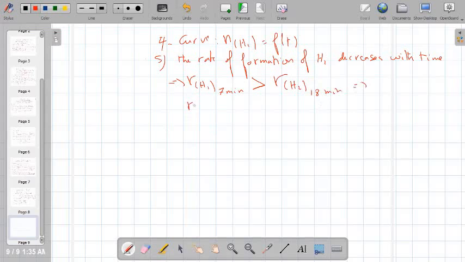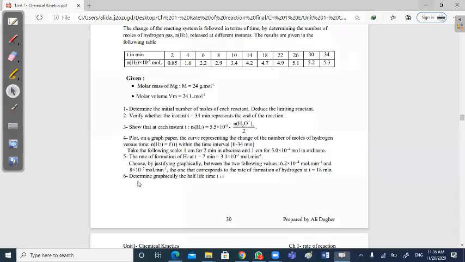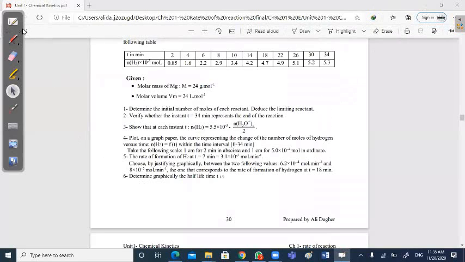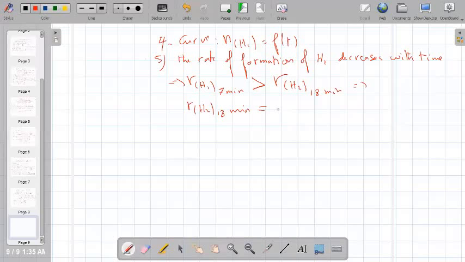Therefore, the rate of H2 at 18 minutes equals the value that is less than 3.1 times 10 minus 3, which is 8 times 10 minus 5 mole per minute. Now, justify graphically.